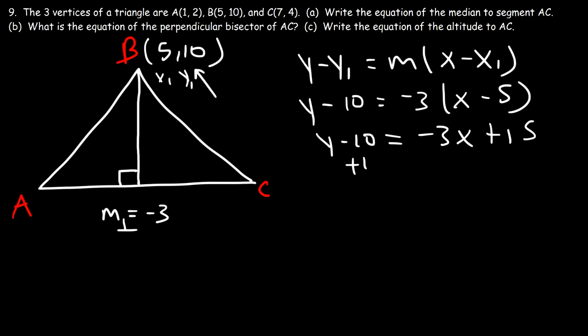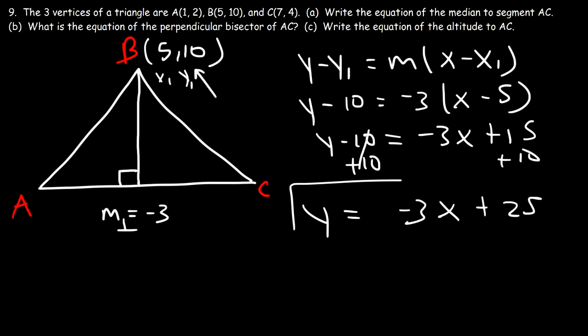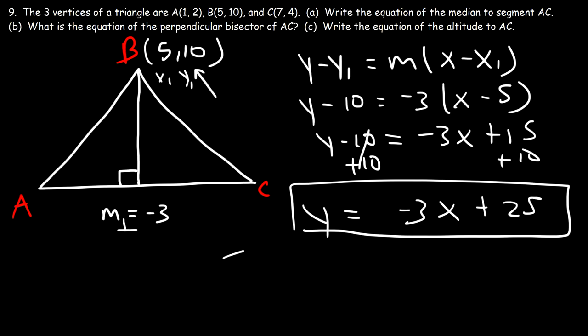And then let's add 10 to both sides. So y is going to equal negative 3x plus 25. And so this is the equation of the altitude of AC. The perpendicular bisector and the altitude share the same slope because they're both perpendicular to AC. So we don't have to recalculate this value. And so this is the answer.